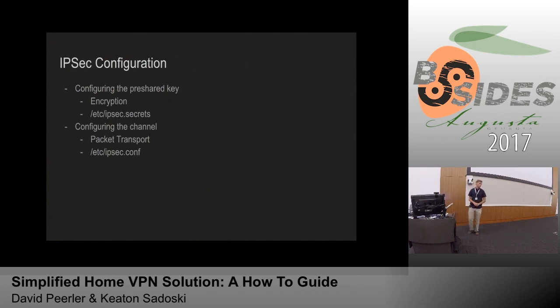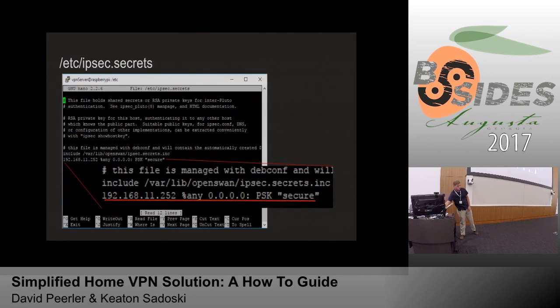For the encryption part of OpenSwan, you're going to want IPsec, obviously. You're first going to configure the PSK, which is used for the encryption. You're going to do that in /etc/ipsec.secrets, and it's going to look like this. The most important part about this configuration is you're declaring the server's IP, and you're going to use the wildcard %any, because in the ideal situation when you're using this VPN, you're connecting from some remote location, you don't know where.